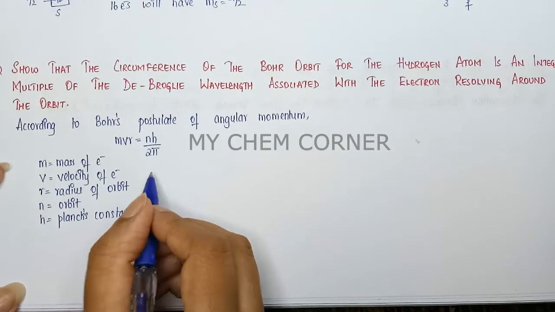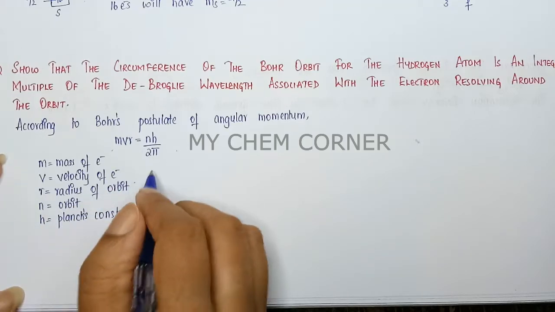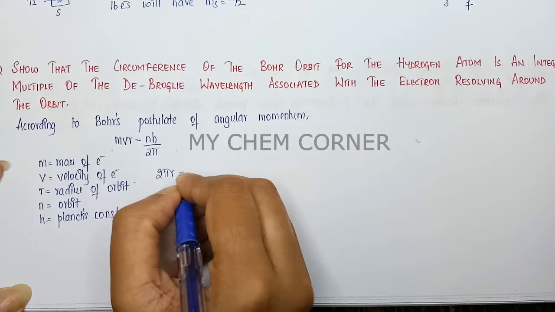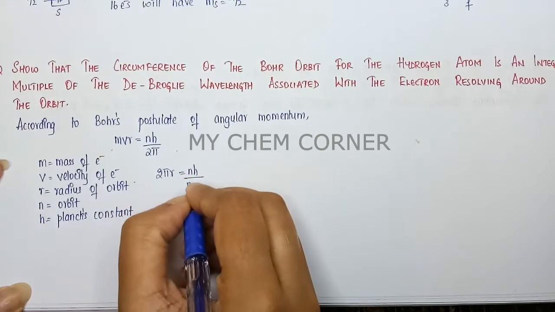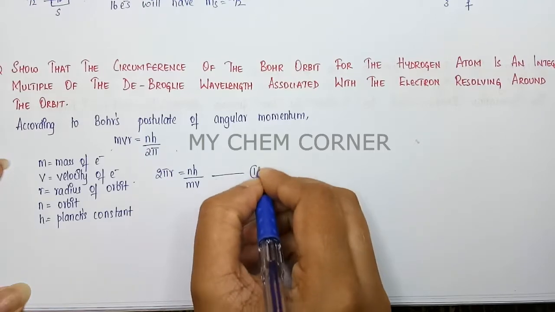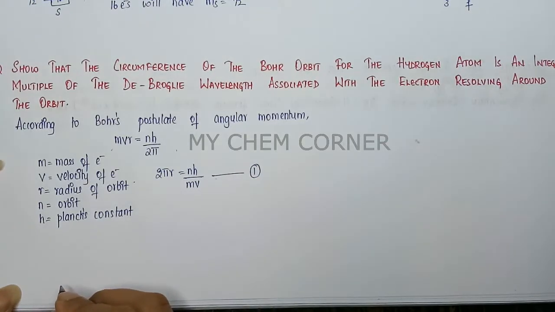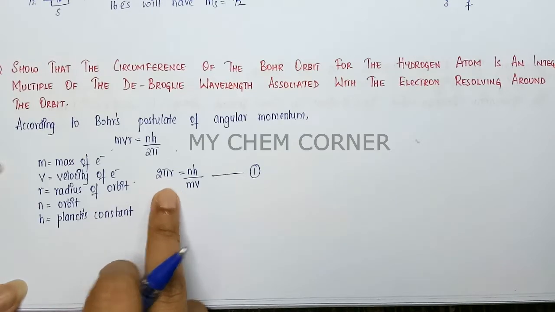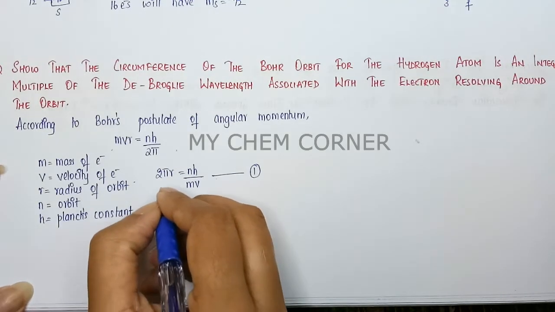So here I can rearrange this formula and I can write 2 pi r equals nh by mv. This is the formula and I will name this formula as formula number 1. Now what is this on the left hand side? 2 pi r is nothing but circumference.